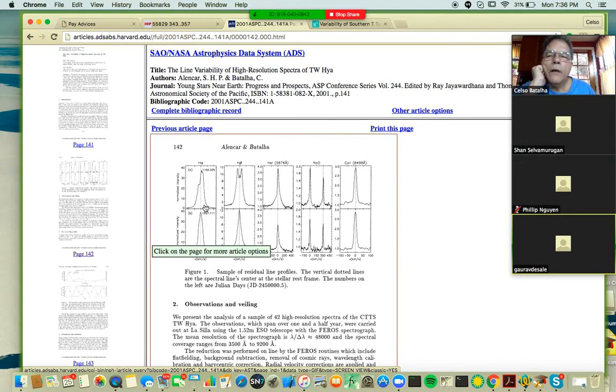So these are hydrogen lines. This is H alpha, the first transition, from level n equals 3 to n equals 2. That's the Balmer alpha. Then you have Balmer beta, which is level 4 to level 2, and so on. This is a helium line, and these are the sodium lines.